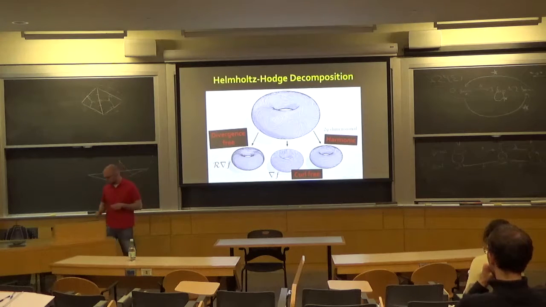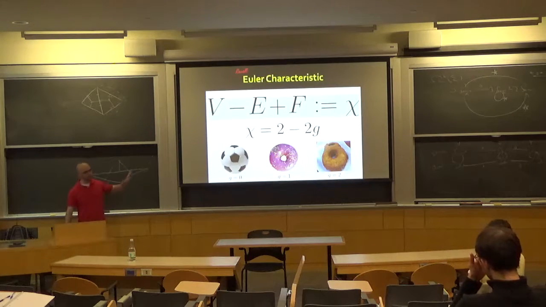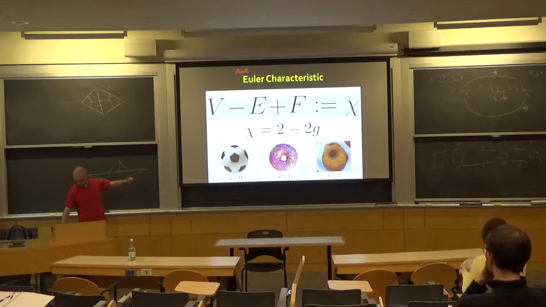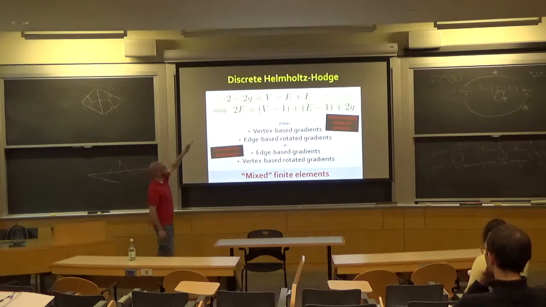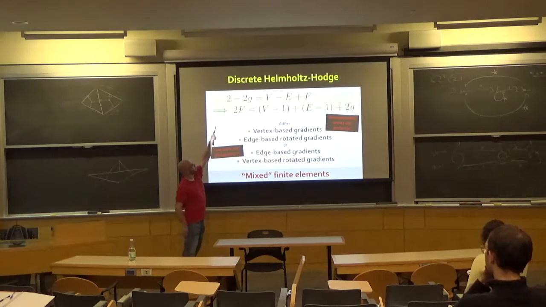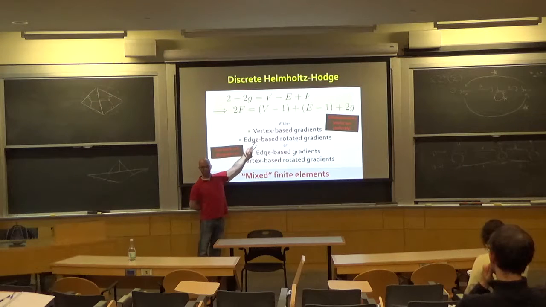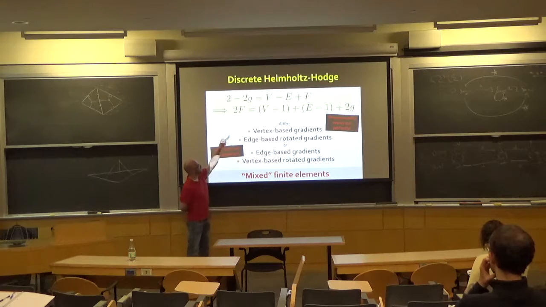Right? So one way around this, if you really want your Euler characteristics to match up, is to say, okay, so remember our discrete theorem was at the top here, right? 2 minus 2 times the genus equals the number of vertices minus the number of edges plus the number of faces. Yeah? If I do a little bit of algebra on that, then I get the second expression here. Yeah? So why did I do this kind of funny algebra?